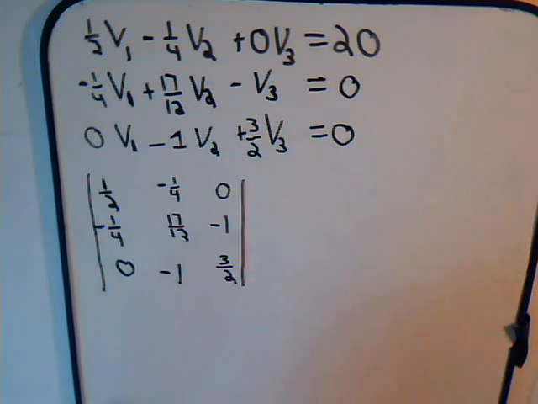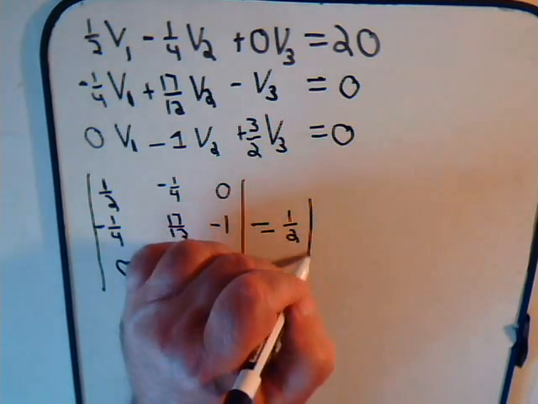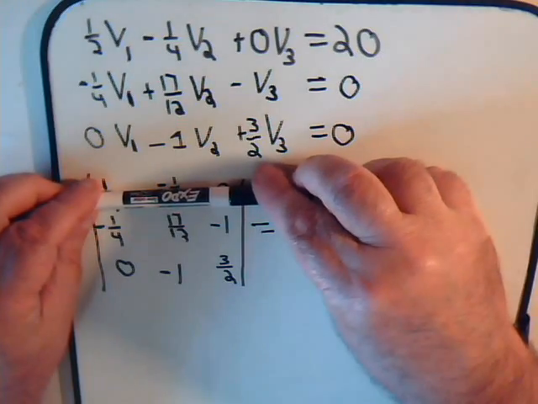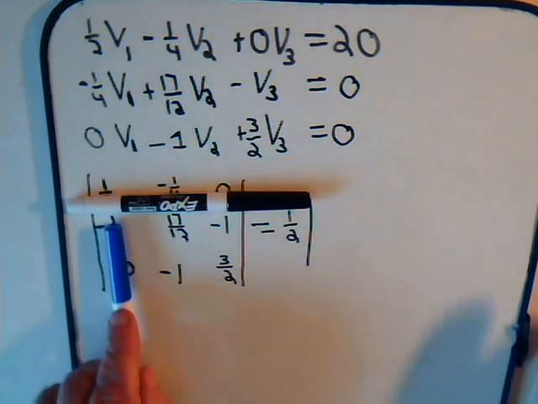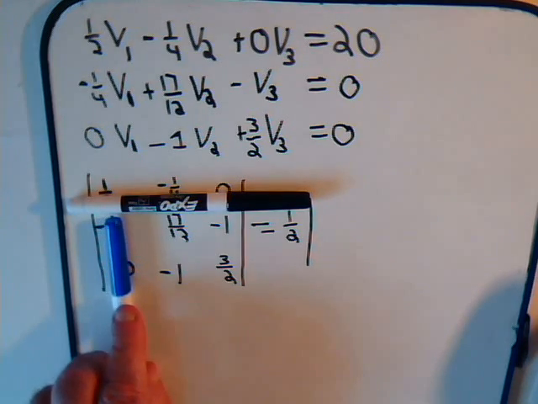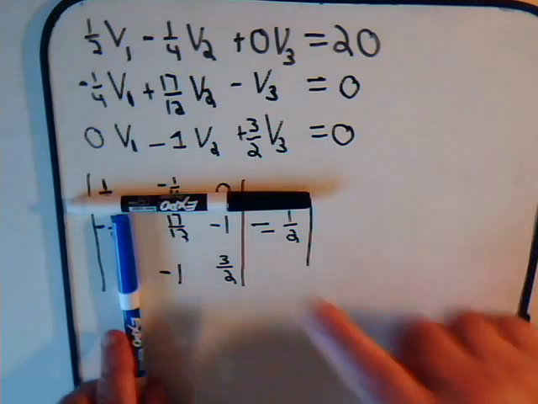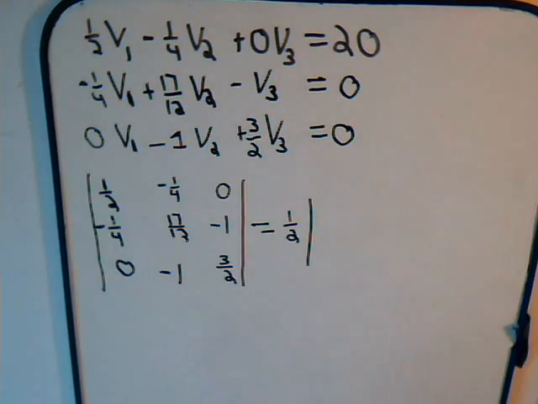Here we expand it out using minors, so this is equal to 1/2. Now we're going to get a 2x2 subdeterminant by covering up the row that 1/2 is in and covering up the column, and we see we have 17/12, -1, and 3/2. So let's write that down.